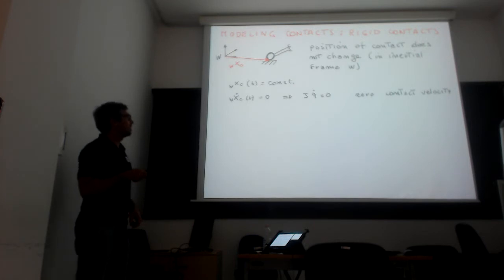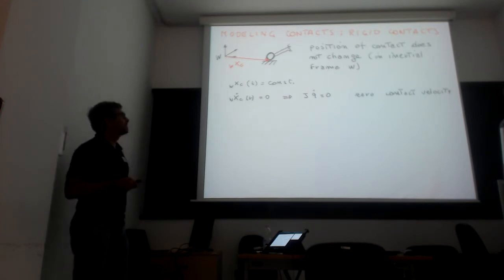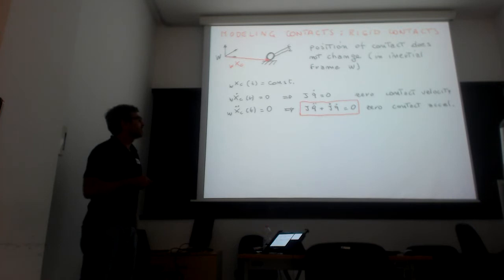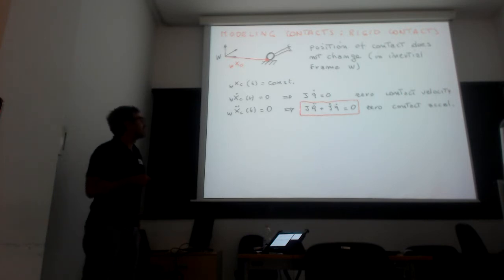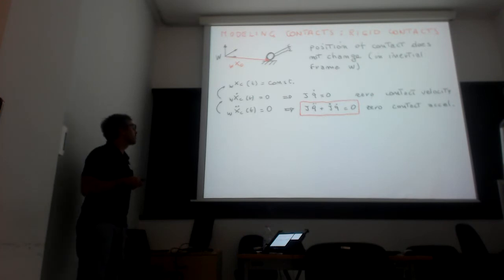This can be written using the differential kinematics related to the joint velocity this way, or also that the acceleration is 0. And if we differentiate this, we get this other constraint written at the acceleration level, relating joint acceleration and velocity. This means that there is 0 acceleration of the contact, because there are holonomic constraints.